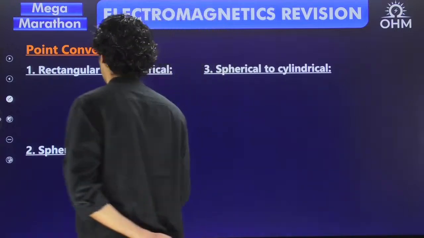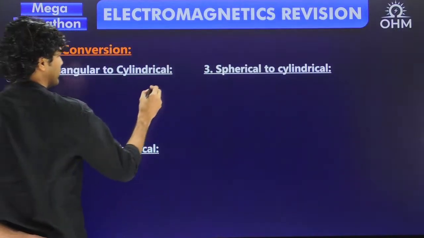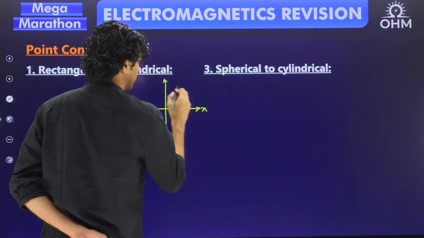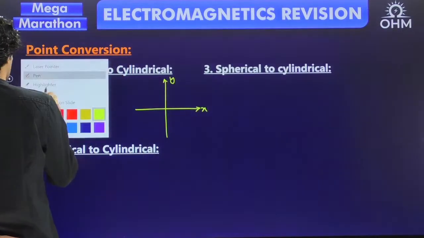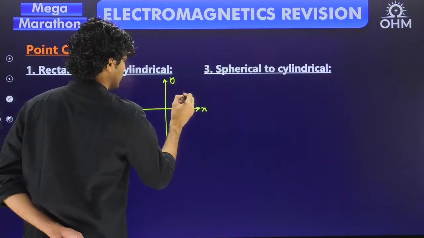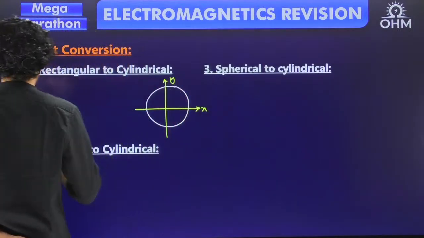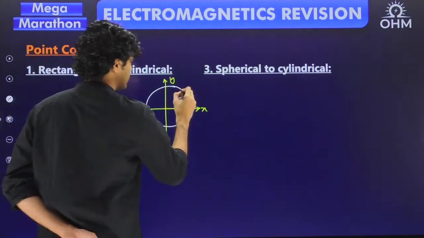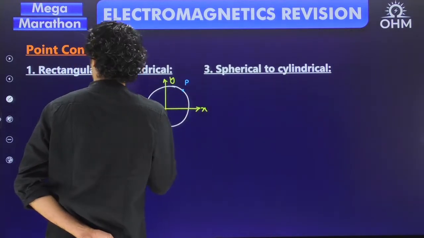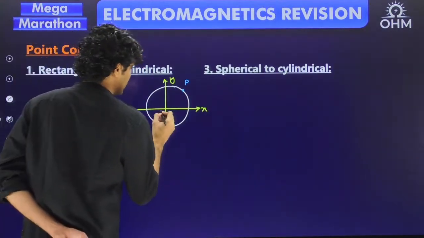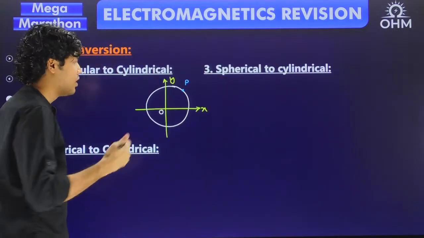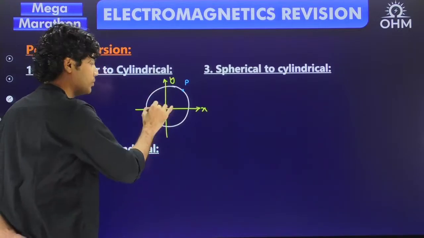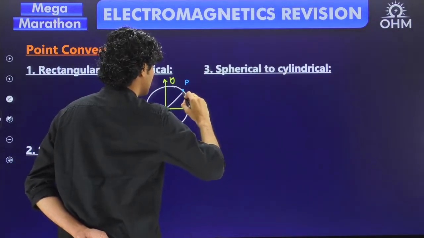To remember this easily, take the xy plane and a circle on it, and somewhere on the circle is the point of interest. On the xy plane, the intersection of the x-axis and y-axis is the origin, also the z-axis, since you are looking directly from the viewpoint of the z-axis. So how much is this distance right now? This is nothing but rho.